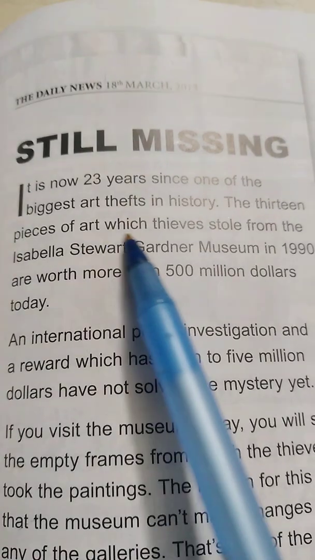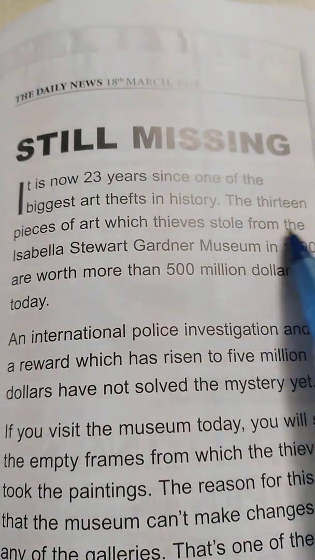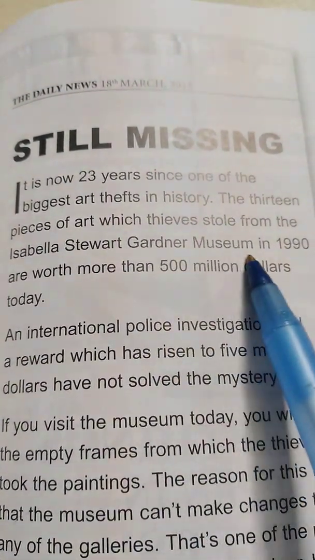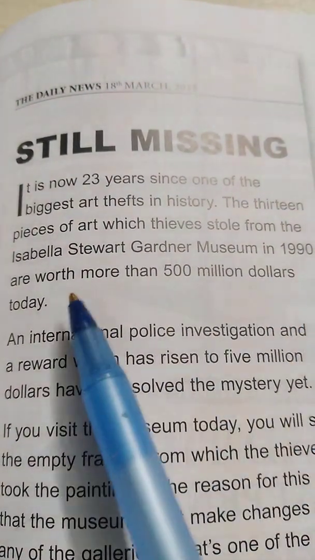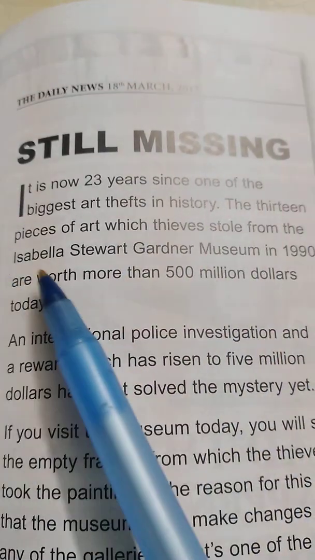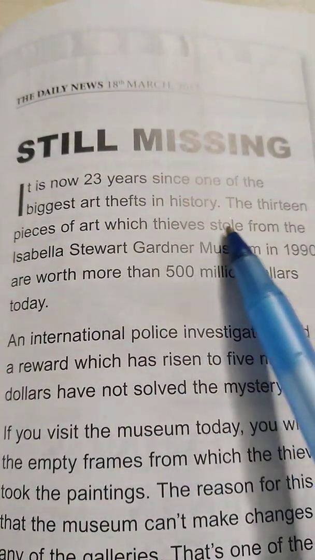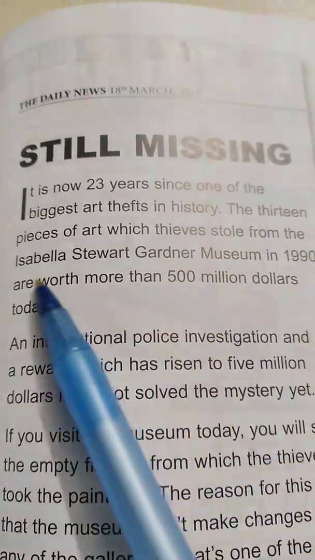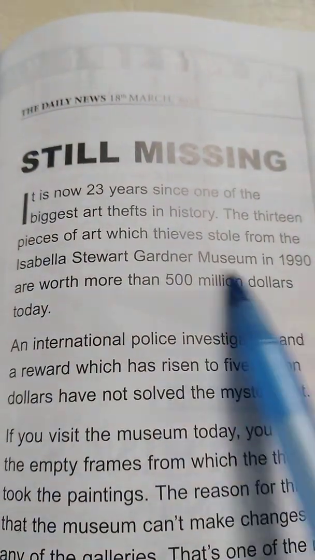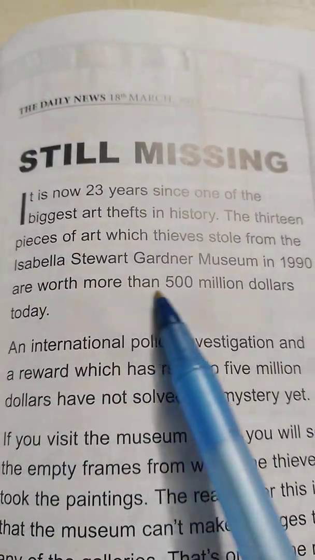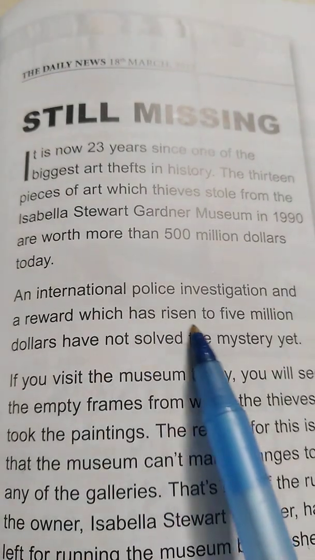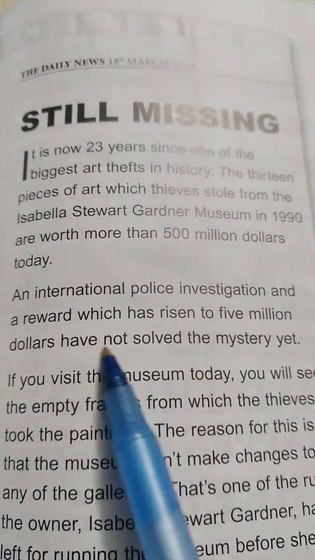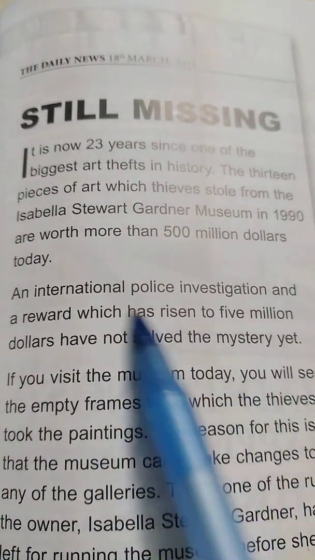The 13 pieces of art which thieves stole from the Isabel Stewart Gardner Museum in 1990 are worth more than $500 million today. An international police investigation and a reward which has risen to $5 million have not solved the mystery yet.